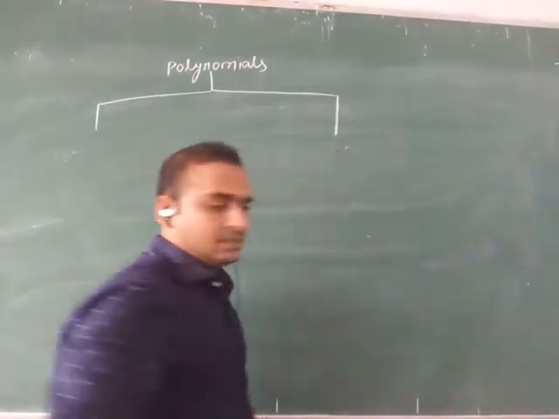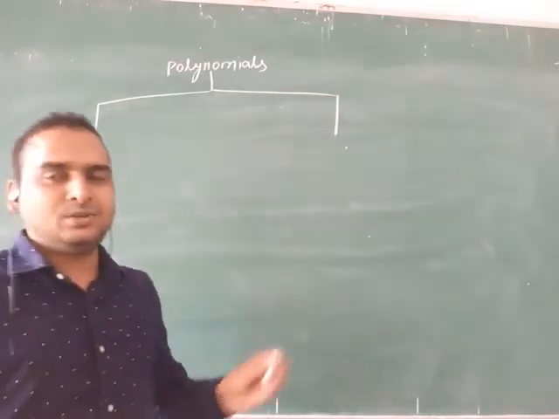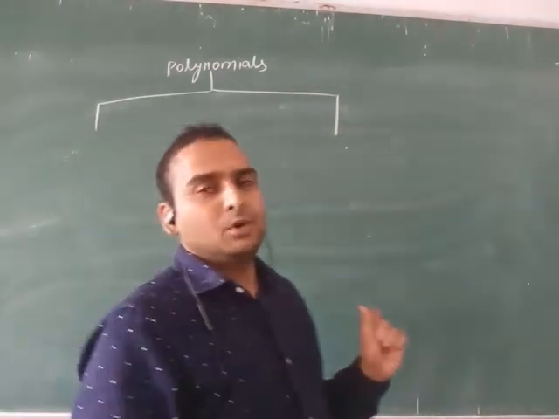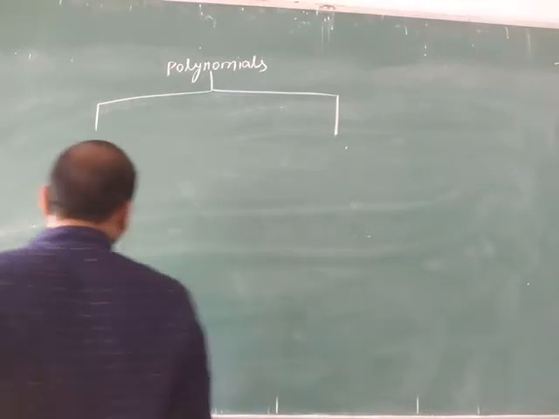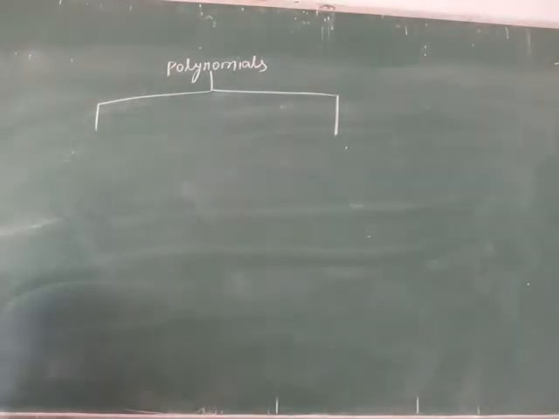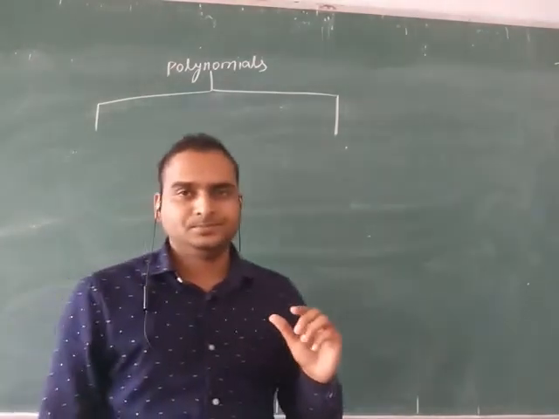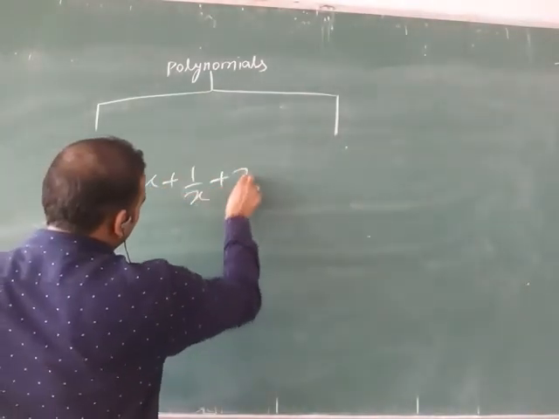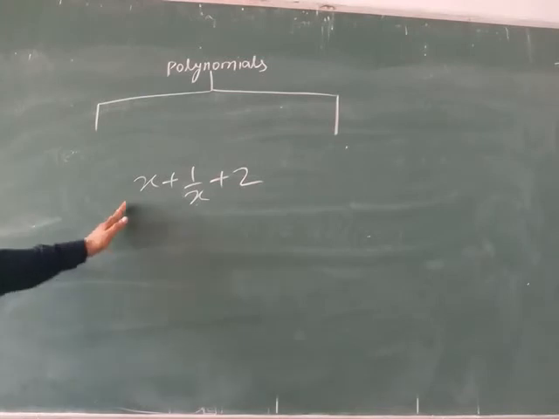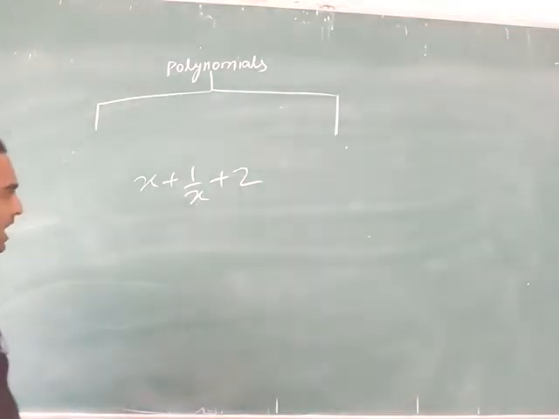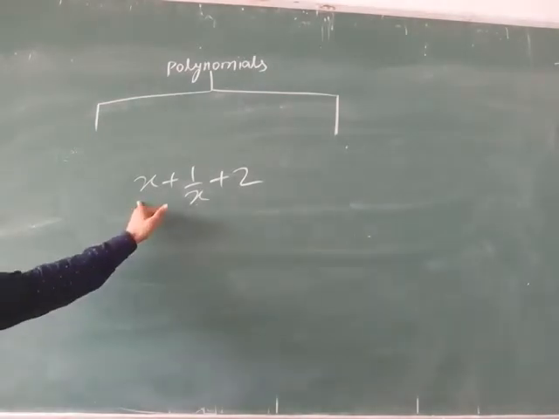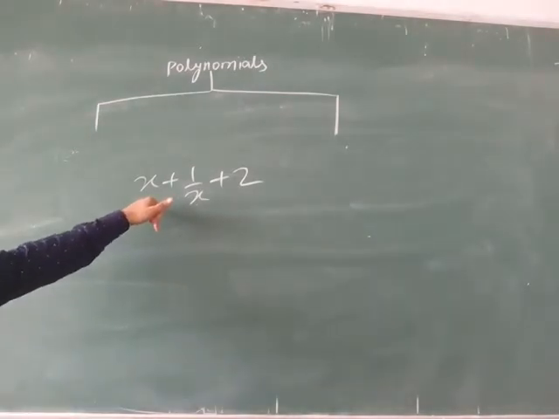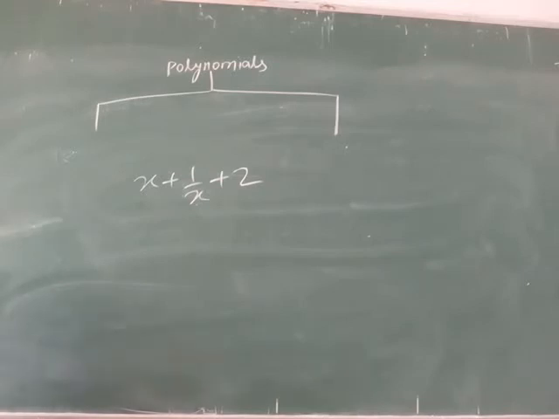Now, I think all of you have understood polynomials. Now, I am asking a question. x plus 1 by x plus 2. Is it a polynomial or not? First you say. And if it is a polynomial, then which type of polynomial? Monomial, binomial, trinomial, linear, quadratic, cubic.